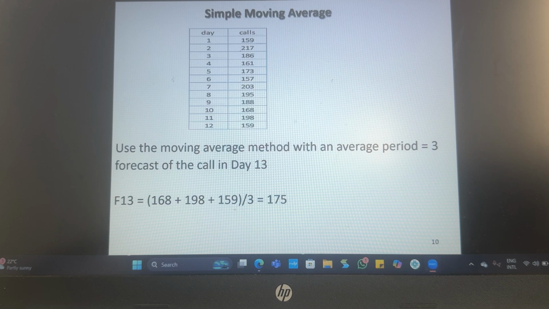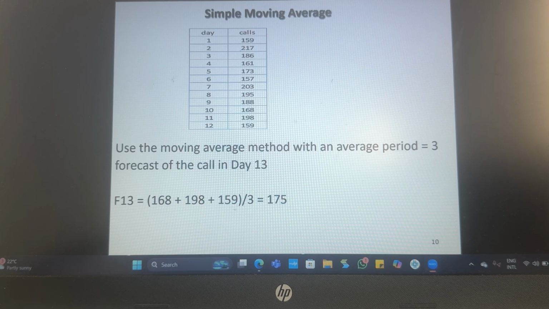So take this data. It is call center data: the number of calls received by the call center. Day 1, the call center receives 159 calls. Day 2, 217, and so on. Day 12, 159.